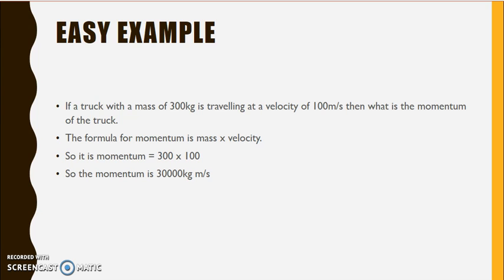The formula for momentum is mass times velocity. The mass of the truck is 300 kg, and the velocity is 100 meters a second. So momentum equals 300 kg times 100 meters a second. So the momentum is 30,000 kg meters a second. That's a lot of momentum.